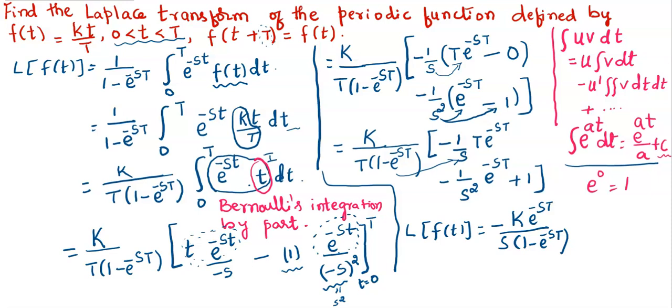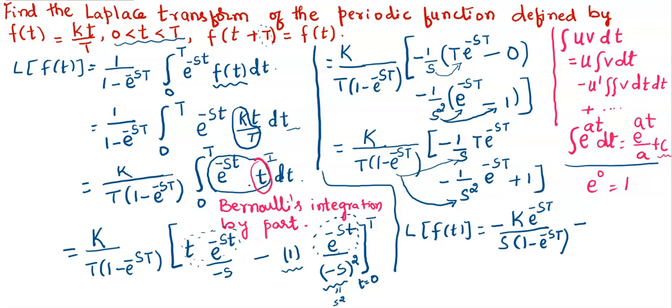Next, let me multiply this term to minus 1 by s square into e to the power of minus sT. What is the remaining we have? Or else you can take it as 1 plus also, or else let me take k by T square into 1 minus e to the power of minus sT to the second term.